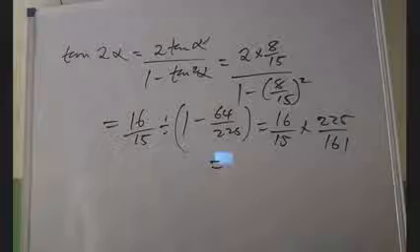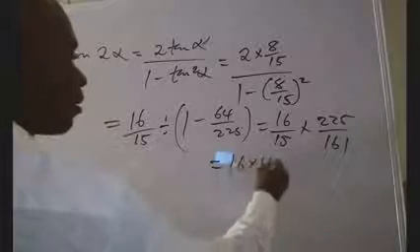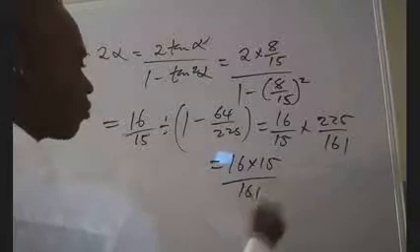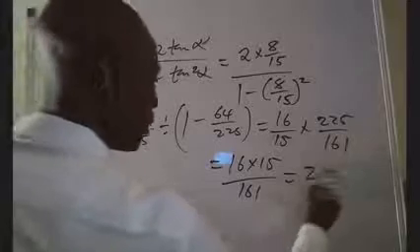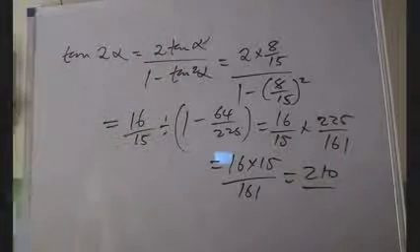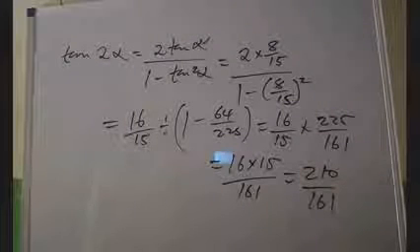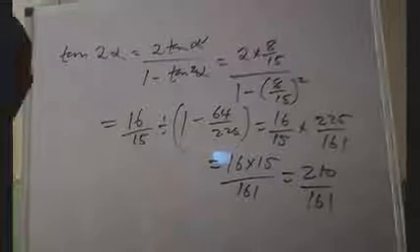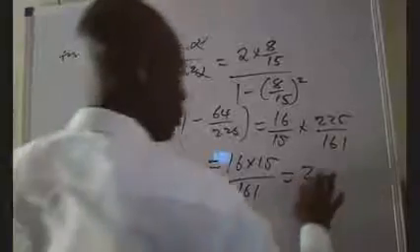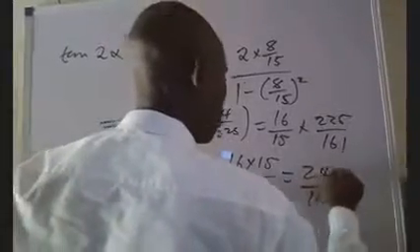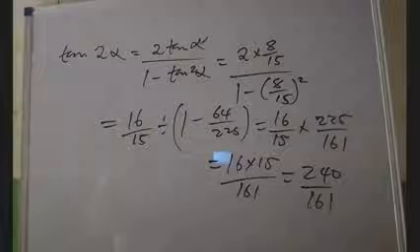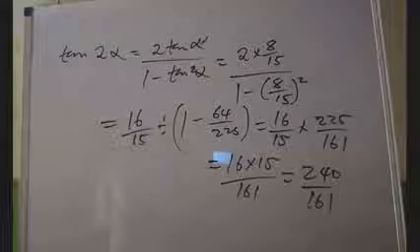So you have 16 times 15 over 161. Check that very well. Okay, yes, 240. If you multiply, it gives you 240 over 161.